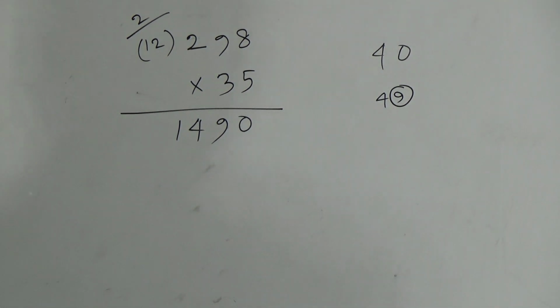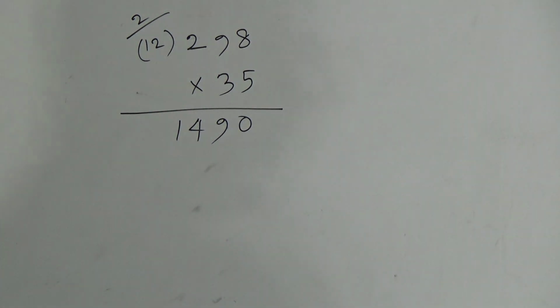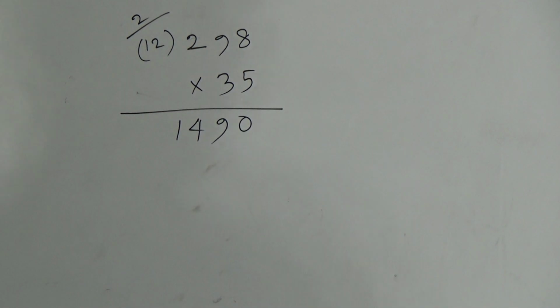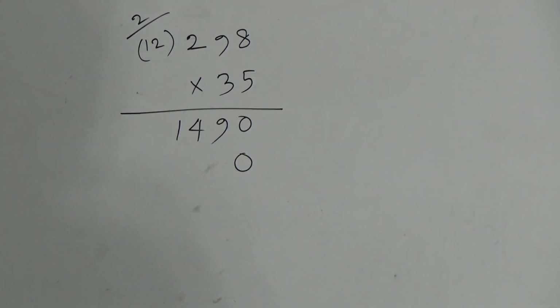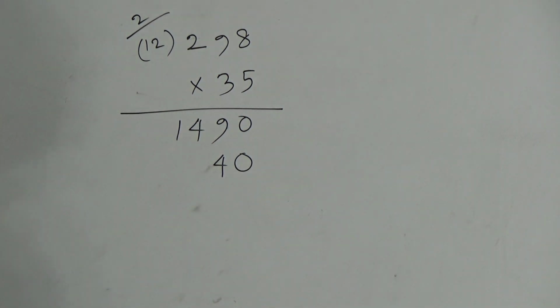Okay, now we'll do second step. That means we will multiply 298 by tens place digit 3. Since we multiply 298 by tens place digit, so at first we have to give 0 in 1's place. Now 3 8s are what? 3 8s are 24. From 24 we will write 4 here and carrying 2.